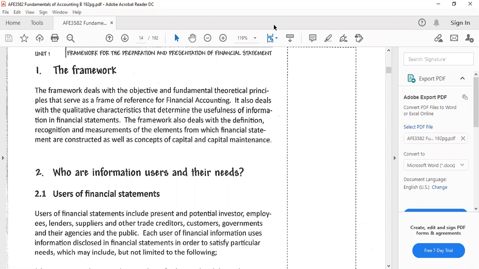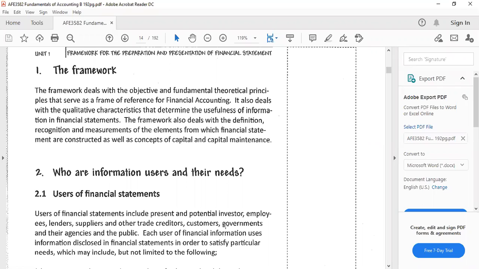Okay. So the framework for the preparation and presentation of financial statements. Unit 1 is just a theory unit. It has no calculation.